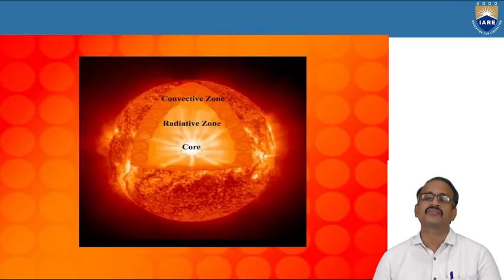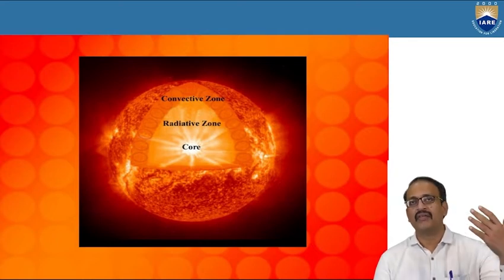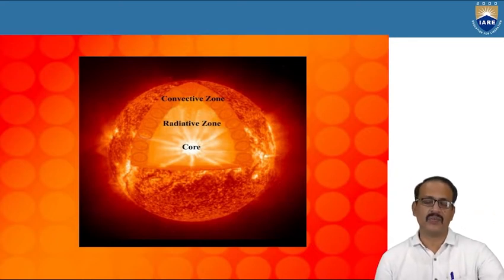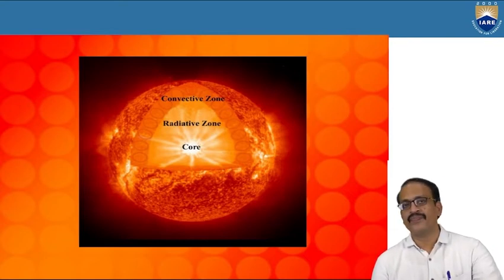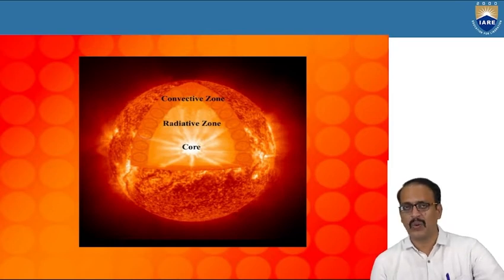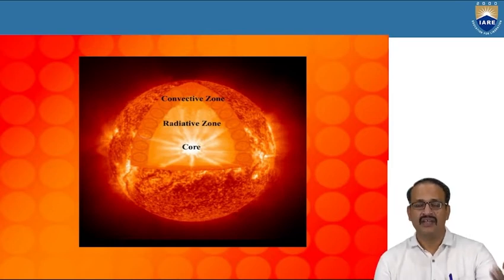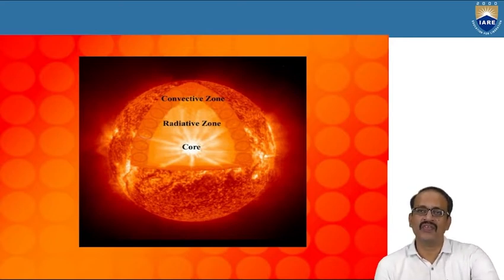And what are the cores? Different stages of the sun. Everybody knows the core. Earth also has a core. So, what is the hottest place of the Earth? The Earth's core. What is the hottest place of the sun? The sun's core. The core will always have high temperature in any object, naturally.